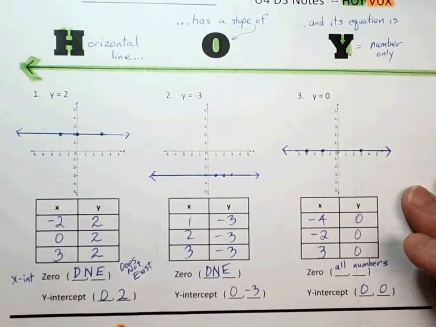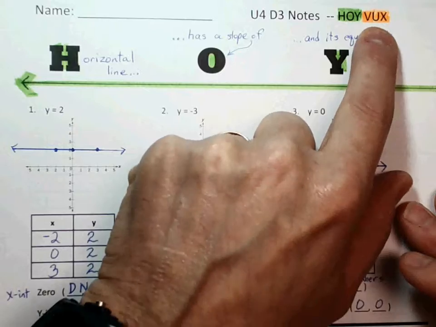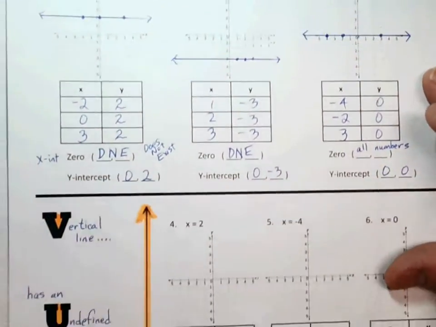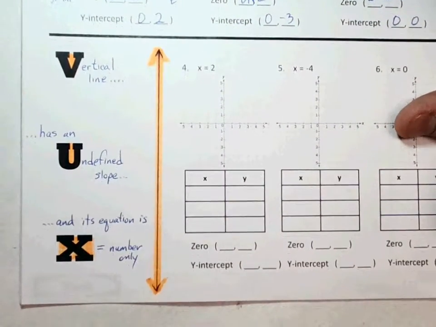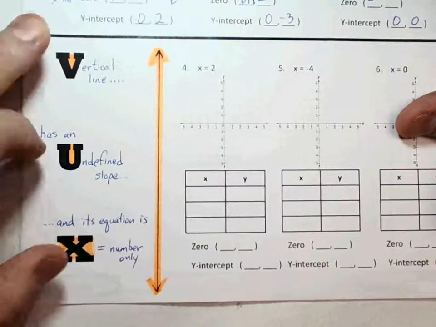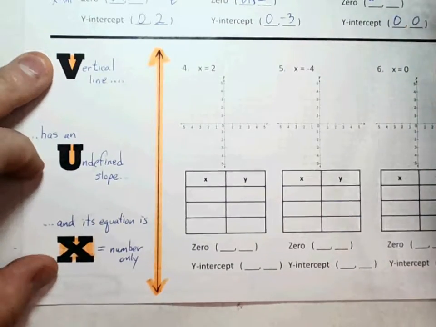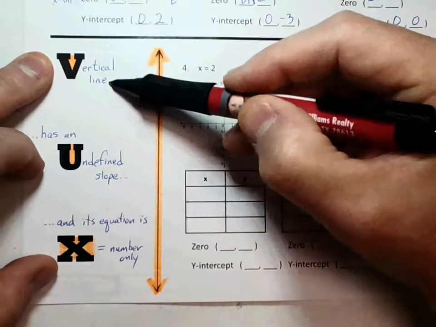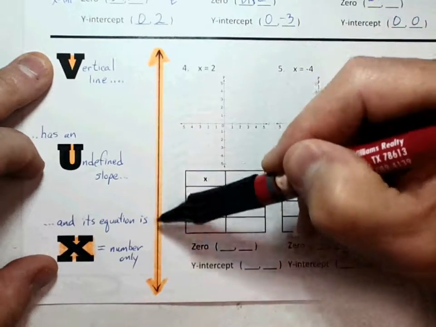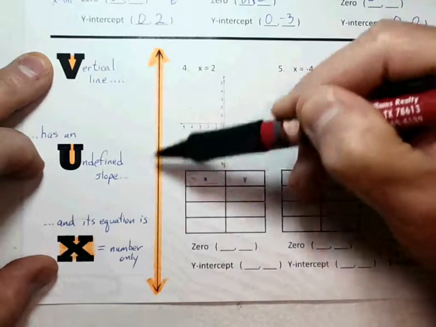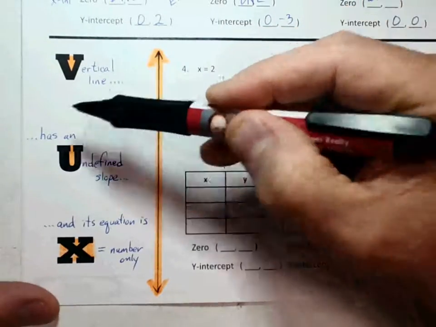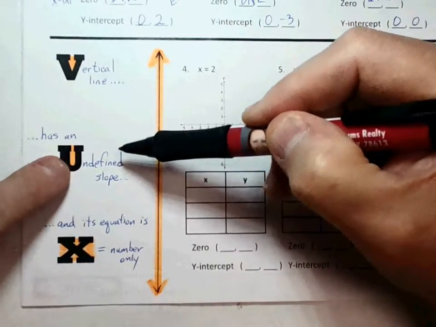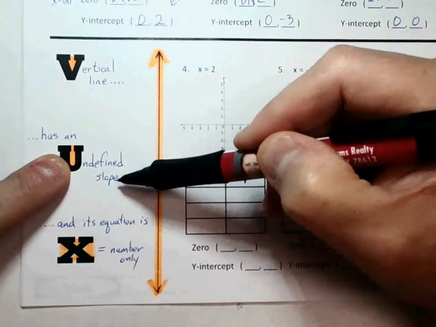Now, let's look at the next 3 letters, VUX. So now we're going to come down here, and the VUX is going to tell us everything we need to know about, well, V stands for a vertical line. If you remember, vertical lines go true north-south. So a vertical line has an undefined slope. That's what the U stands for, undefined slope.